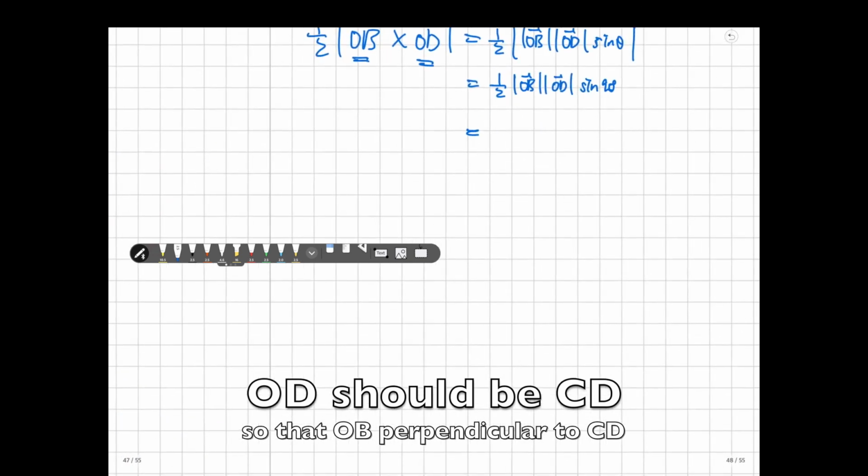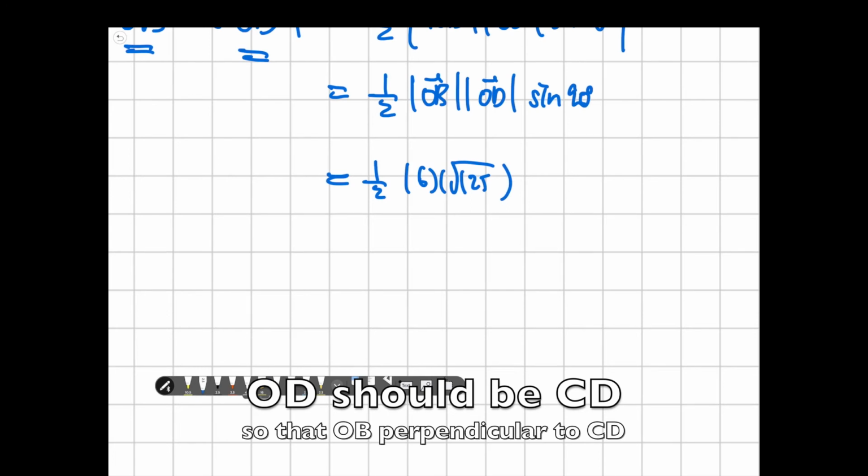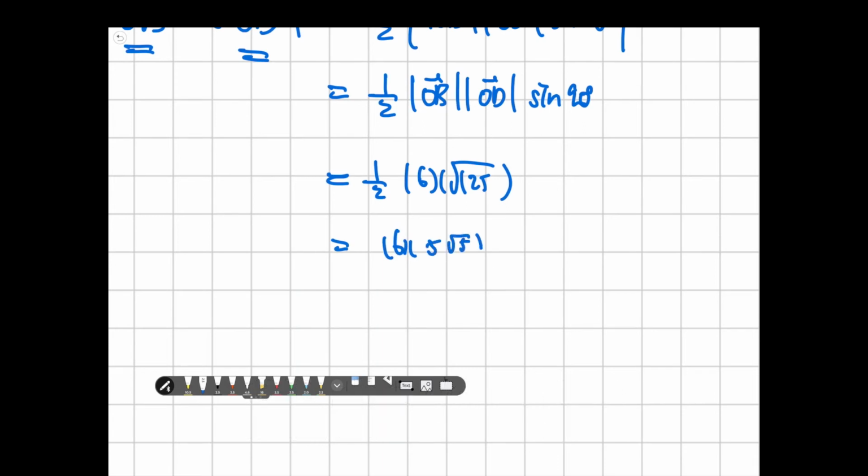So it will be equal to half of 6 and then 15 square root it, and then it will be equal to 6 and then 5 square root of 5, and then half of that would be equal to 30 square root 5 over 2.